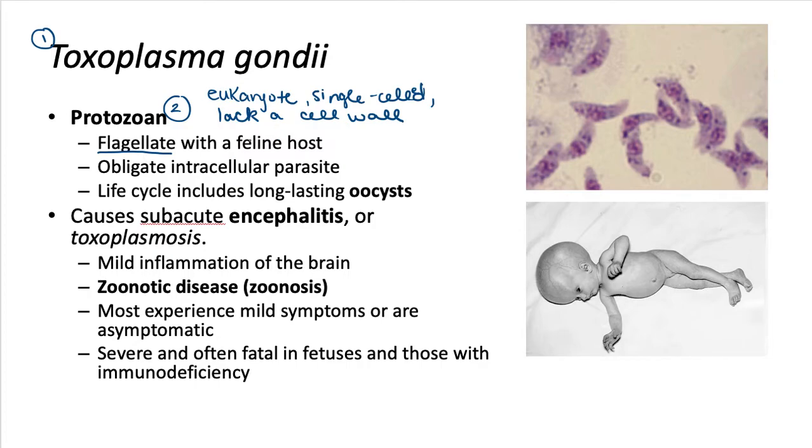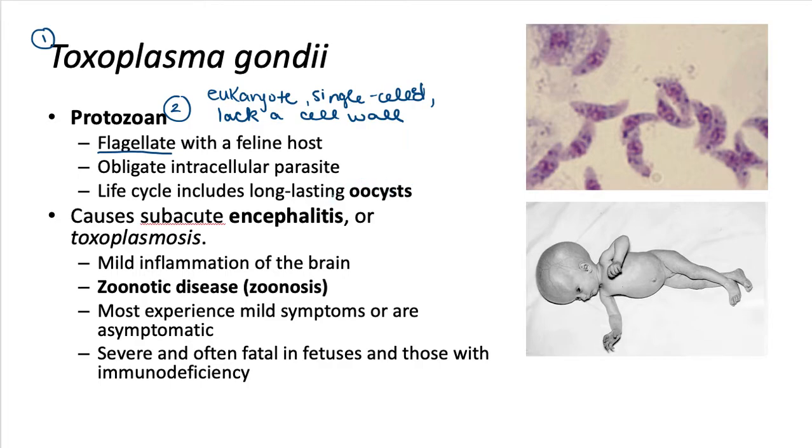These parasites must live inside a host cell, so they are called obligate intracellular parasites. Obligate meaning they must, intracellular meaning they live inside other cells, and parasite refers to the fact that that relationship is parasitic or harms the host cell.